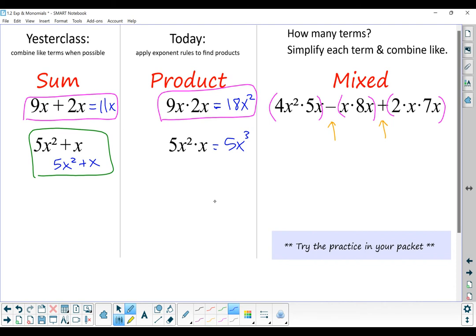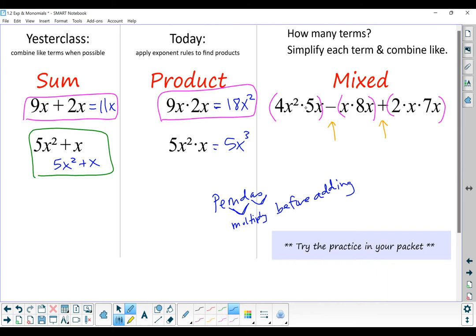Remember when we talked in earlier grades about PEMDAS, I think is how the teachers say it. Multiplication occurs before addition and subtraction. And so we need to multiply these two little monomials together to simplify this term first before we can think about whether or not we can add the terms together.